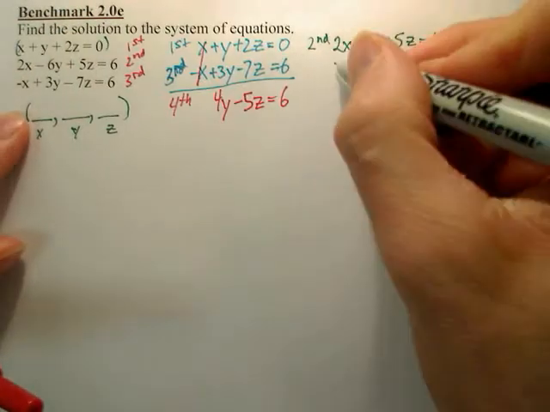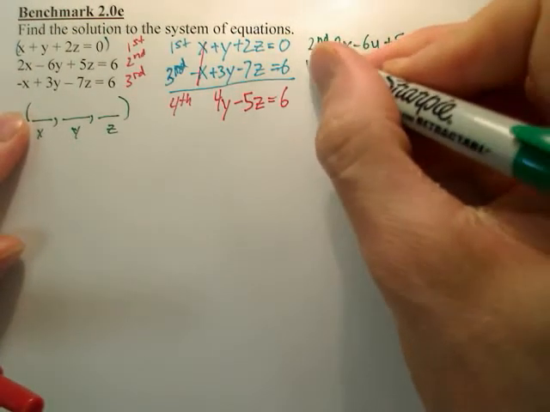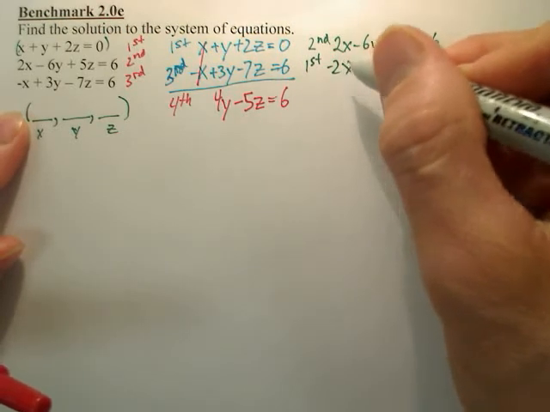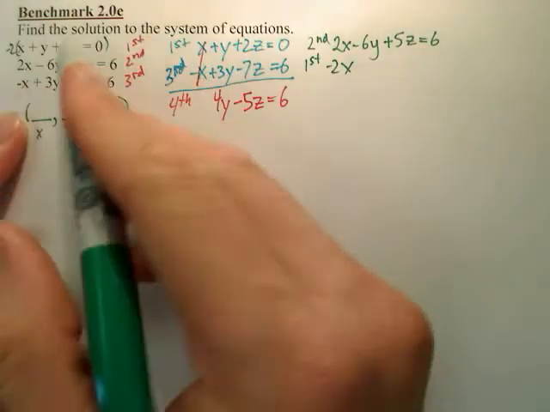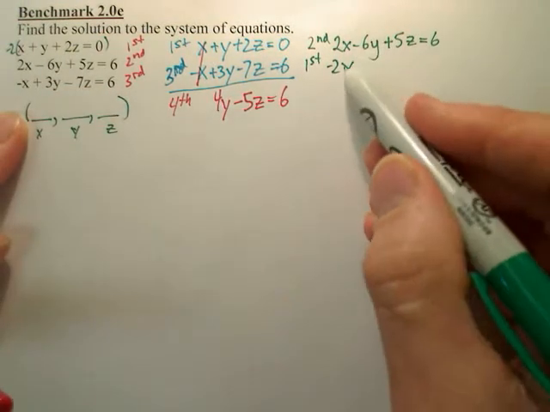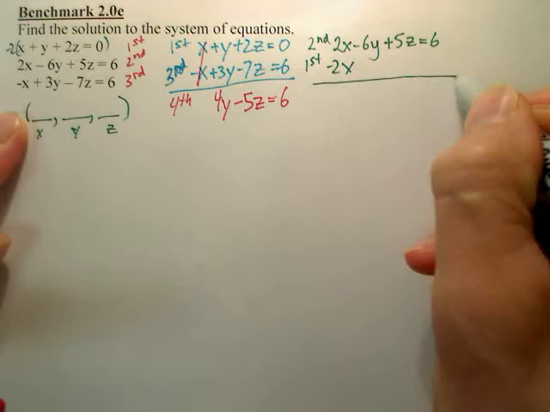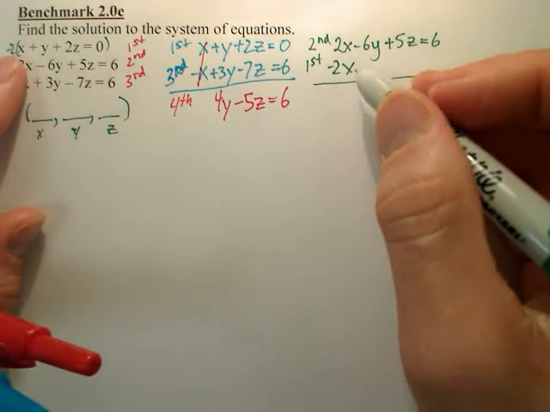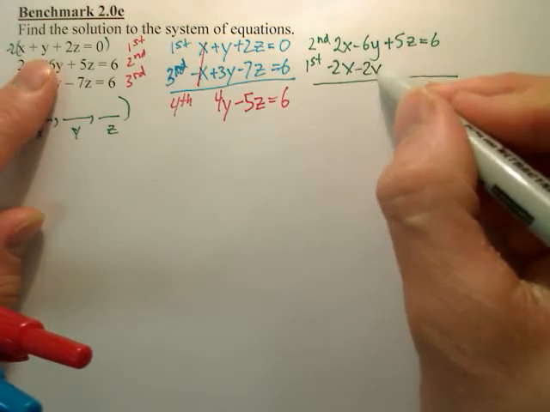And what do you need to do? I need to make that into a negative 2x, my first equation. In order for the x's to cancel, that has to become a negative 2x. So I must actually multiply the whole thing by a negative 2, so that I get a negative 2x and it cancels. So when I multiply negative 2 times x, that's what we get. Negative 2 times y is negative 2y.